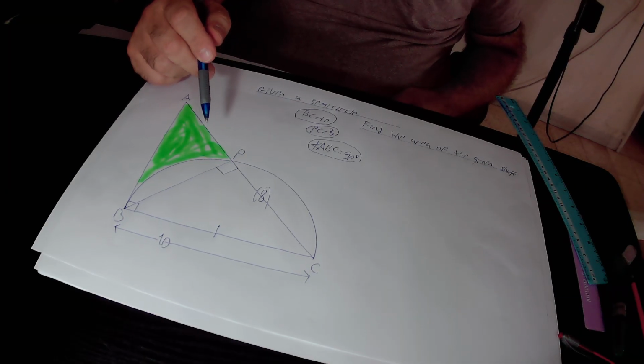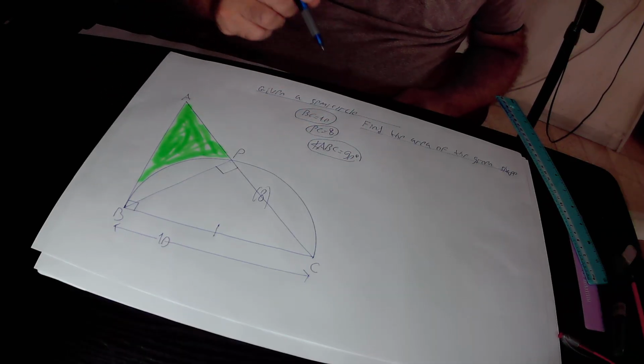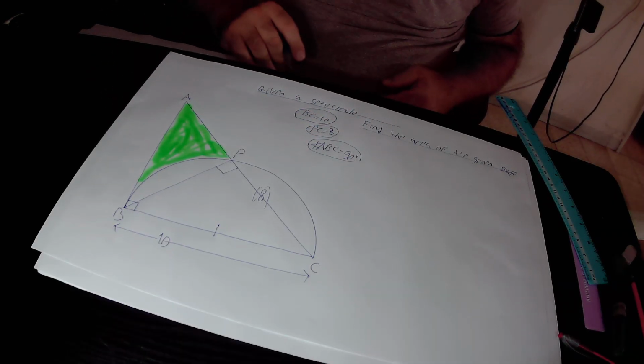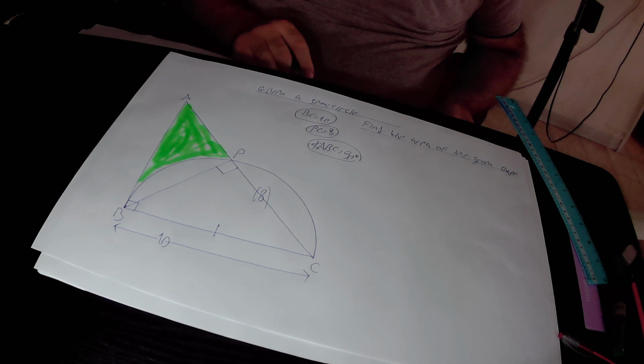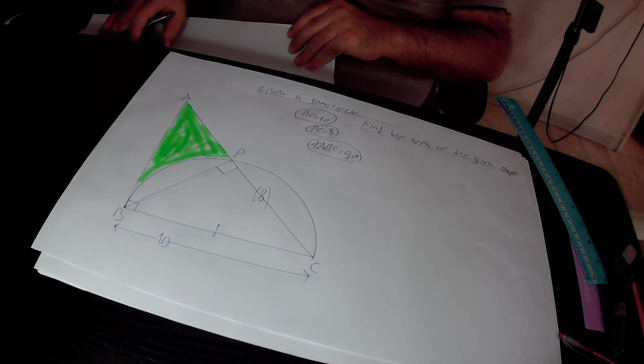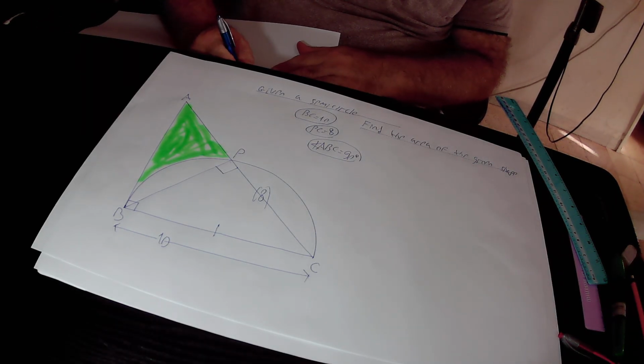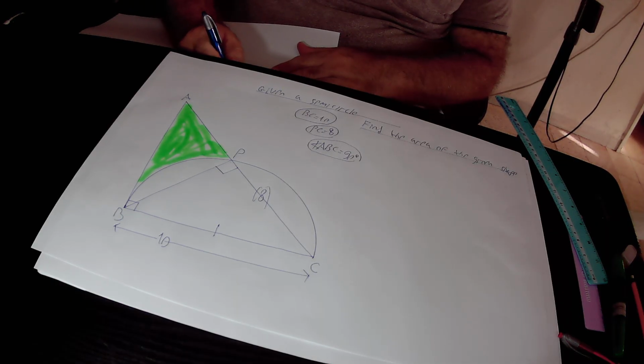In the next step, we will implement the Pythagoras theorem on the right angle triangle BPC. According to the Pythagoras theorem, in any right angle triangle, the square of the hypotenuse equals the sum of the squares of the perpendiculars. Here PT is the abbreviation of Pythagoras theorem.